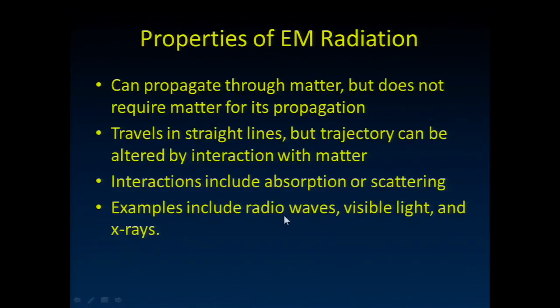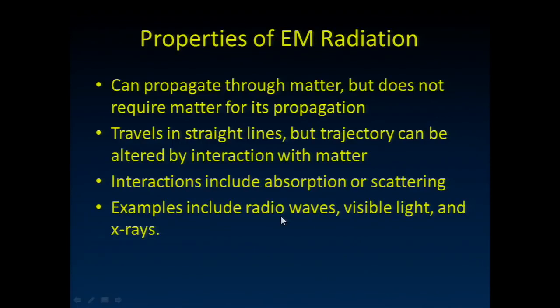It can propagate through matter, and the behavior of electromagnetic radiation with matter is quite complex. Down low at the radio wave end, that radiation really tends to pass right through us. When you get up to the microwave end, it can interact with matter. That's how a microwave oven works, by rotating part of the molecule, so you can get microwave energy to deposit in the tissues as heat.